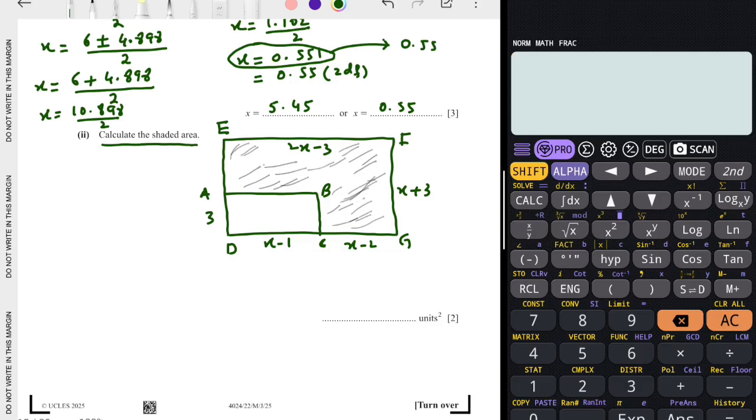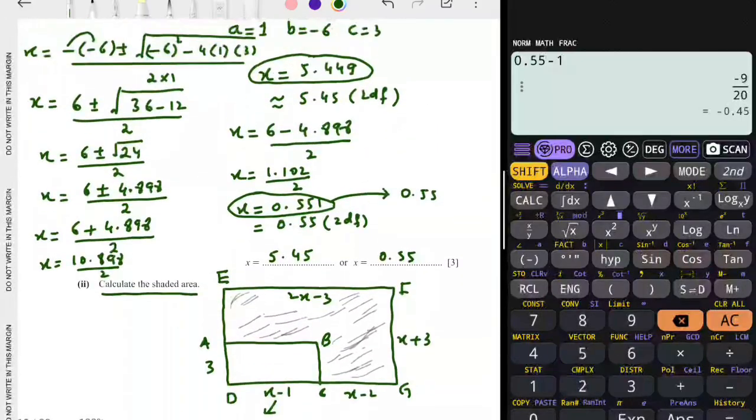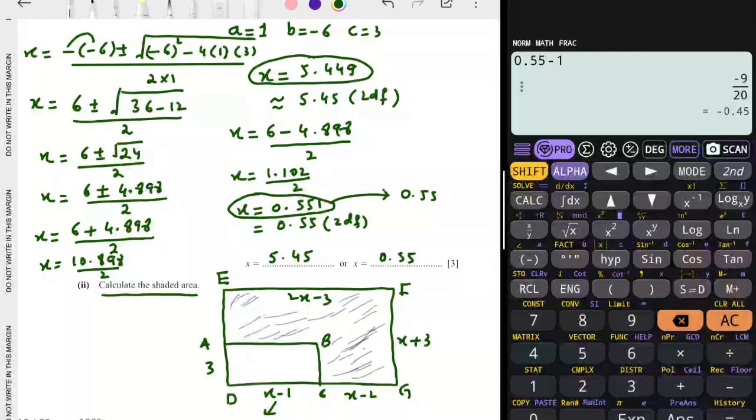If you substitute 0.55 over here, and if you minus both, you get 0.55 minus 1. You get your answer in negative, that is minus 0.45. So negative length is always rejected. Now we have to use the other one. So we have to use the original length, not the changed one. So we are going to use 5.449.